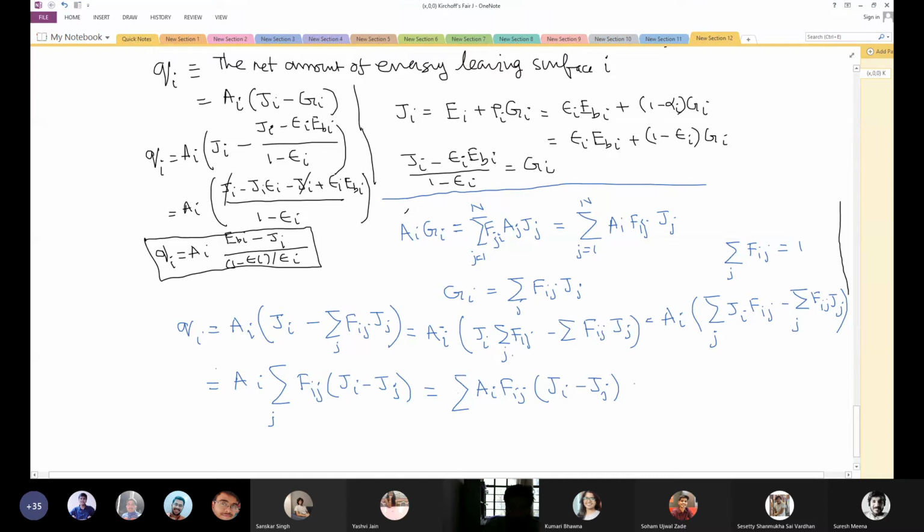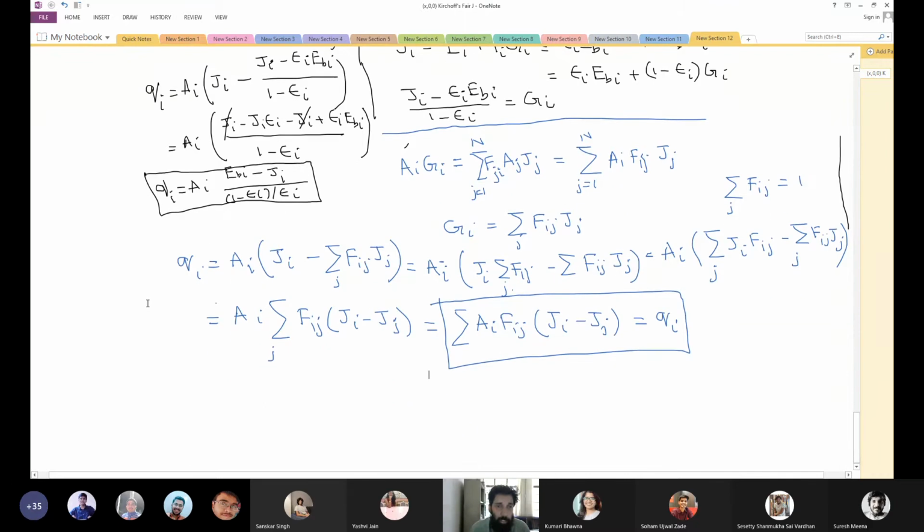Now we have two equations for two unknowns. We can solve qi and ji for all the surfaces. So we can eliminate qi from here so that we have n equations for n number of surfaces. So we can write it as ai ebi minus ji.